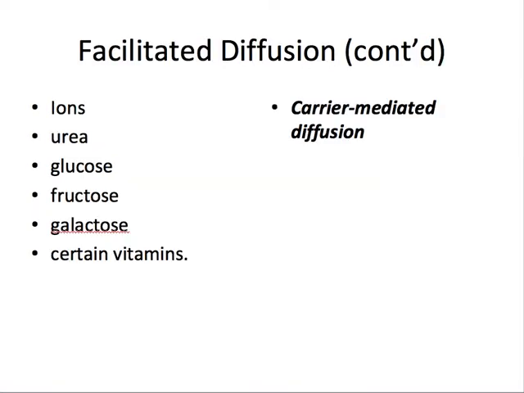Here you can see the list of substances which prefer the mode of facilitated diffusion. These include mostly ions, urea, which is a waste product, and nutrients such as glucose, fructose, galactose, and certain vitamins.